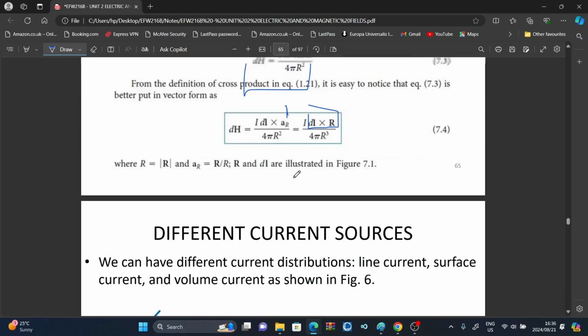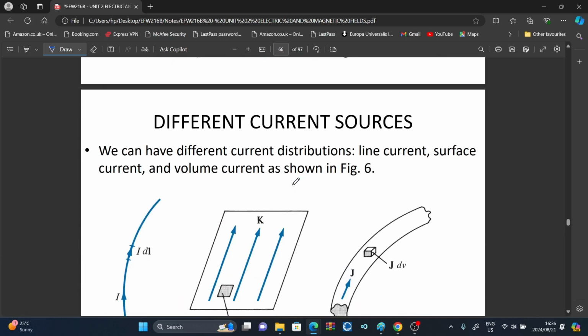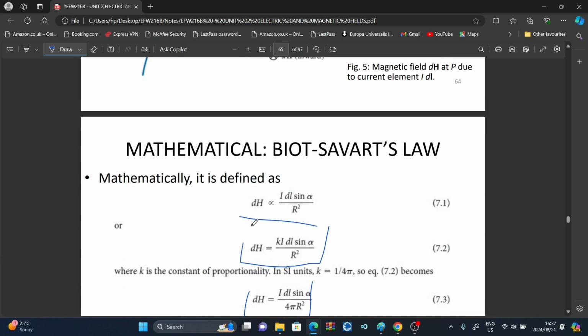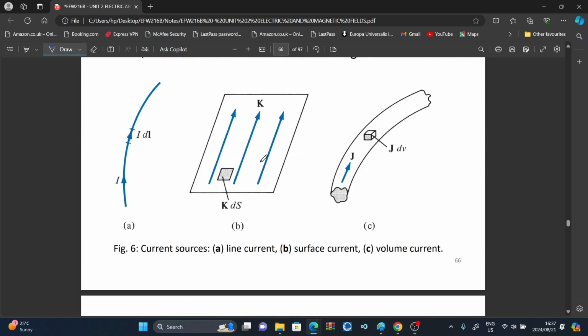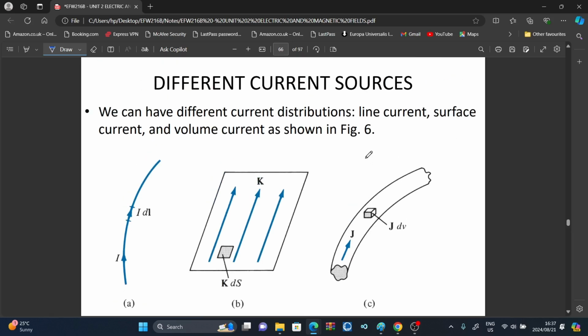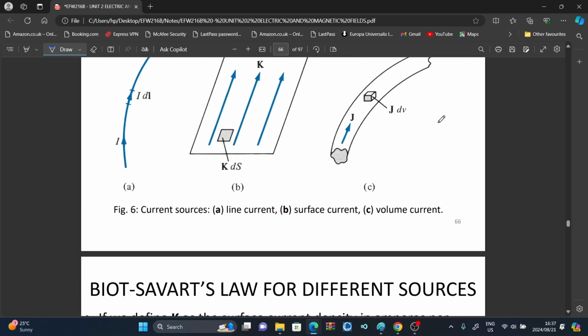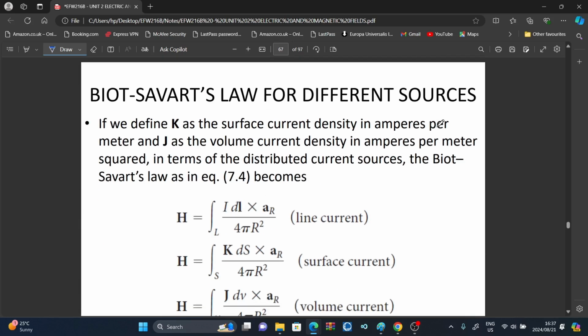And as you can see, the magnetic field strength through different surfaces: line current, which is this one, which we have calculated here. Then we have our surface, which gives us K dS. This is a new variable. Then we have our 3D object, or volume, which gives us J dV.